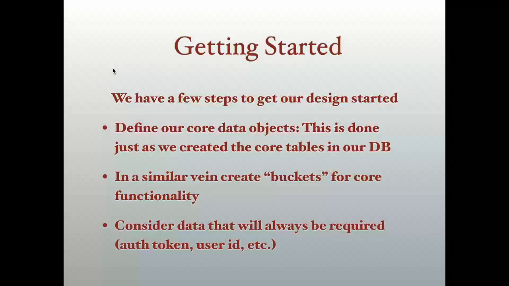And then, now that we've got our punch list and we've got all our classes together, we want to make sure that as we're looking at these functions, what kind of data is always going to be required? Is there something that we're always going to be keeping track of? For example, an authorization token or a user ID, or an IP address, which in modern applications, particularly web apps, there usually is.